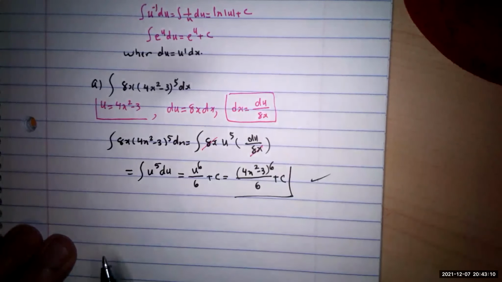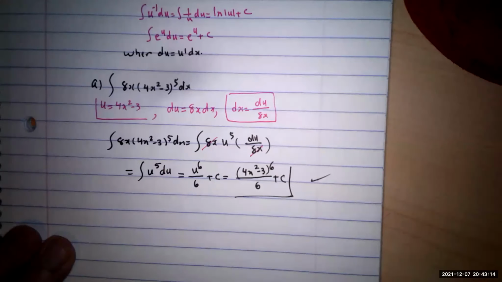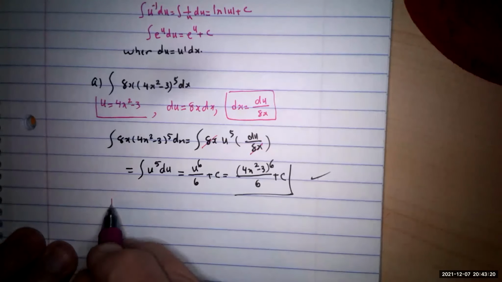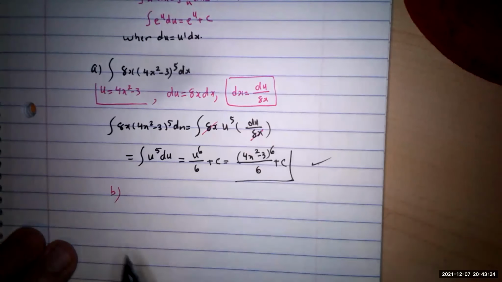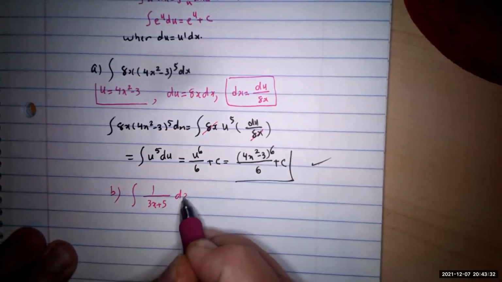So that's a type 1, just a polynomial raised to a power. Okay, that's part 1. Part 2, a rational function. In this case, we have the integral of 1 over 3x plus 5 dx.